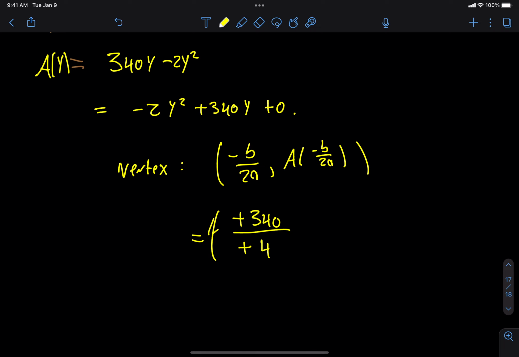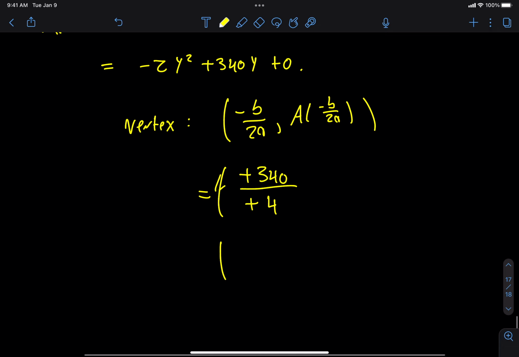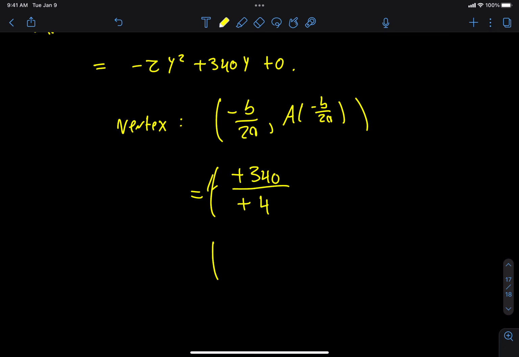The negatives cancel one another out, and we get 170 over 2, which is the same as 85, right? Is that right? 85 times 2 would be 170, times 2 would be 340, so yes. 85, and then a of 85, whatever that is.